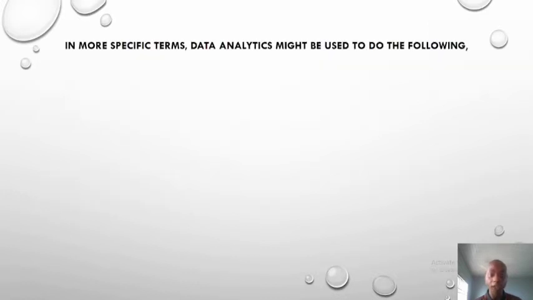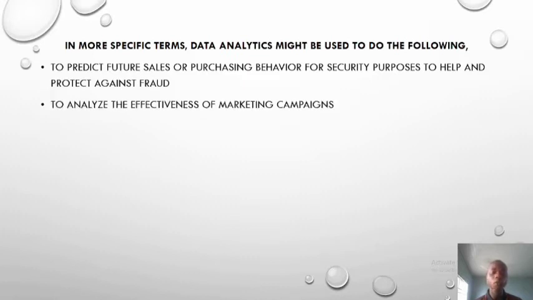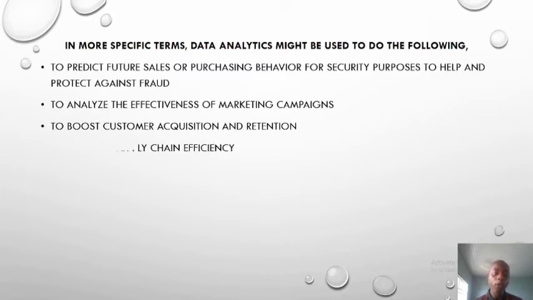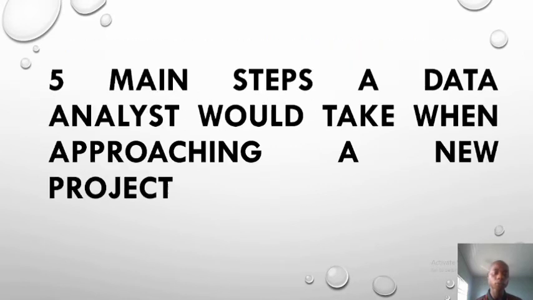In more specific terms, data analytics might be used to predict future sales or purchasing behavior, for security purposes to help protect against fraud, to analyze the effectiveness of marketing campaigns, to boost customer acquisition and retention, and to increase supply chain efficiency. So that gives you a little bit of what data analytics can be used for in the real world.